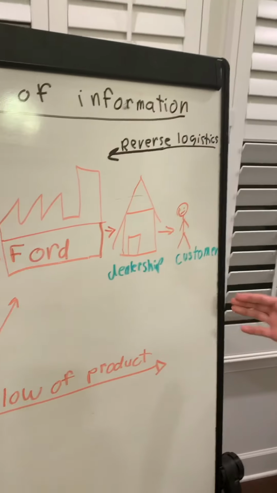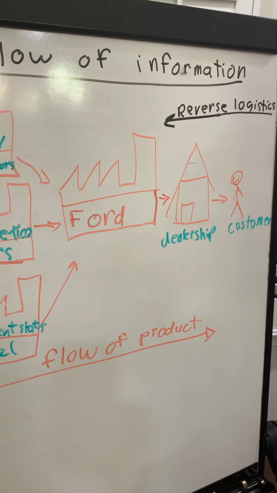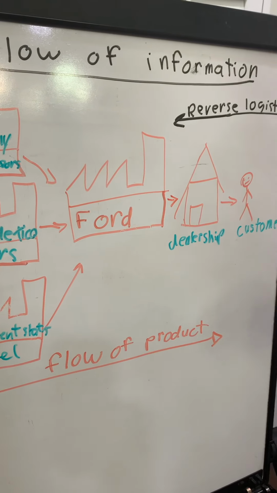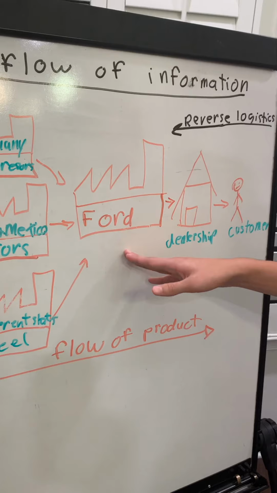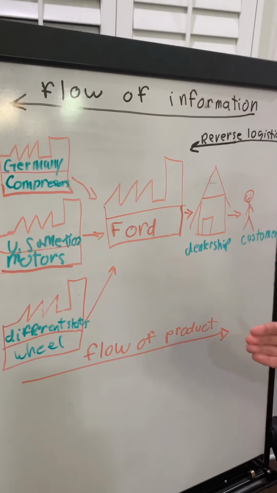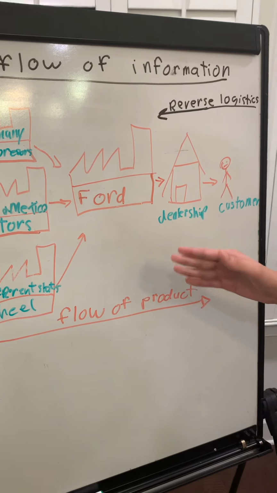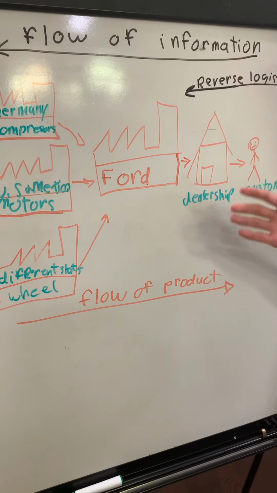So how did COVID affect the supply chain of the cars? With COVID, people lost their jobs, people are staying at home, and the demand for cars drastically decreased. With the demand for cars drastically decreasing, Ford said, hey, instead of working 365 days a year, let's only work 300. This in turn led to a lot of people getting fired from Ford and the supply of cars really going down.